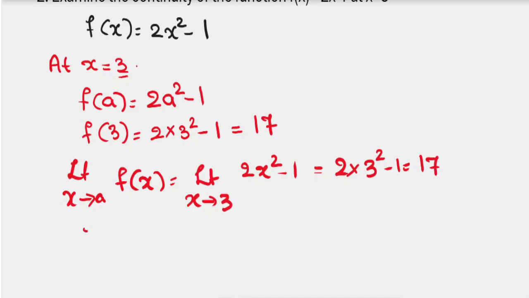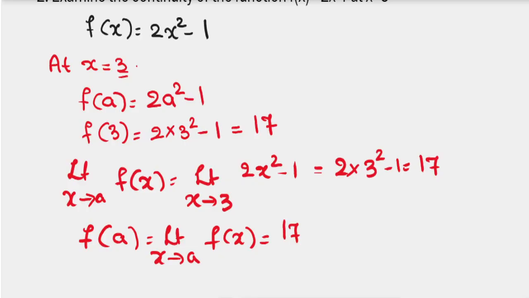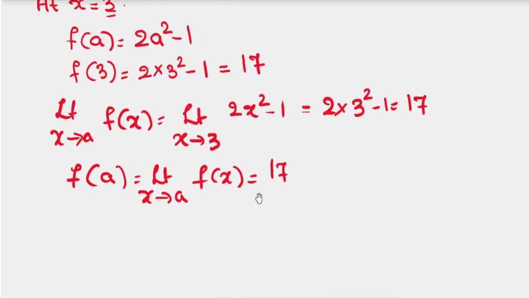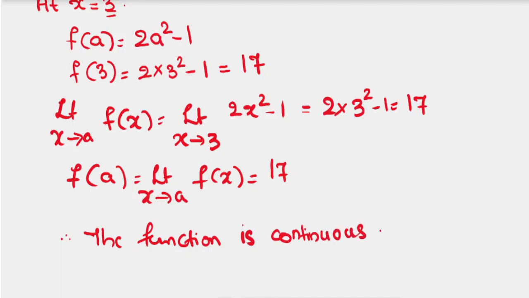So here f of a equals limit x tends to a f of x equals 17. Since both are equal, we can say that the function is continuous. Therefore, the function is continuous at x equals 3. This is the second question.